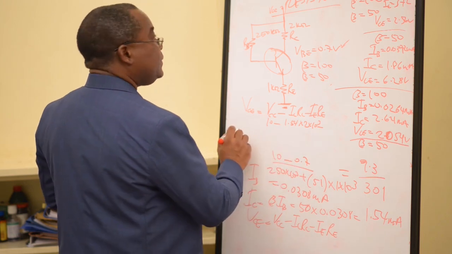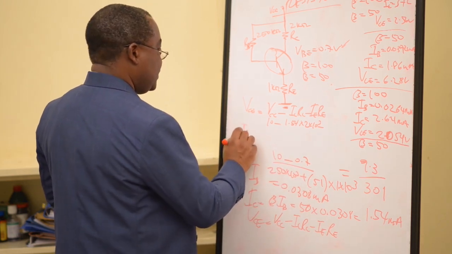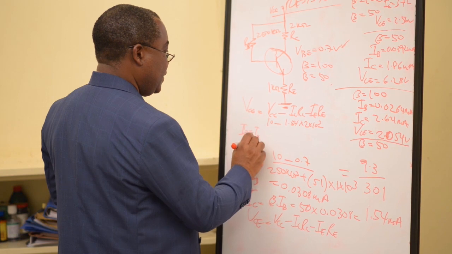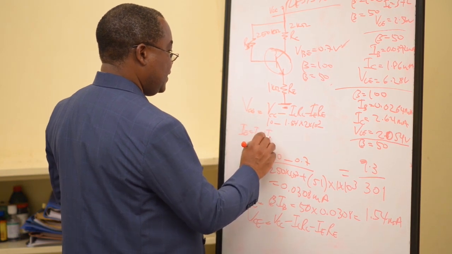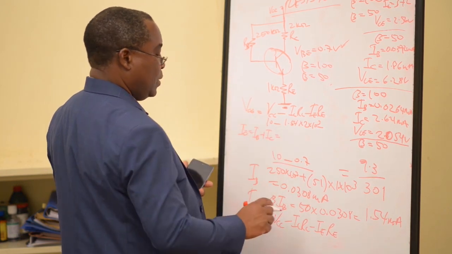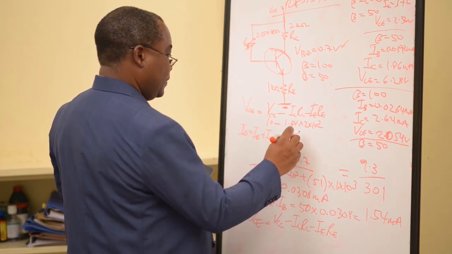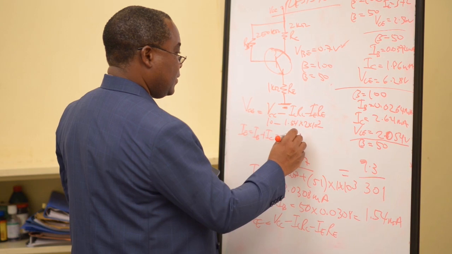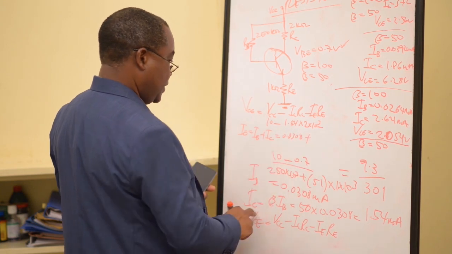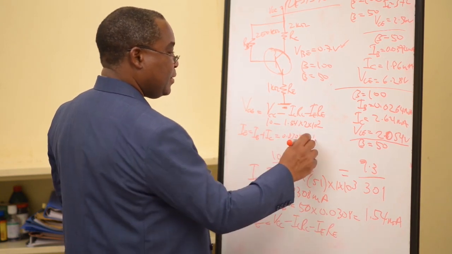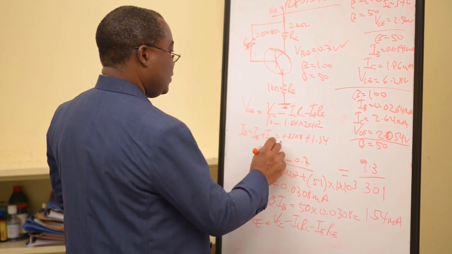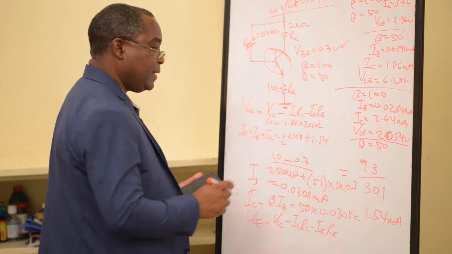Our IE is equal to IB plus IC, which is equal to, we have our IB here is 0.0308 plus our IC here is 1.54. So we have our IE.